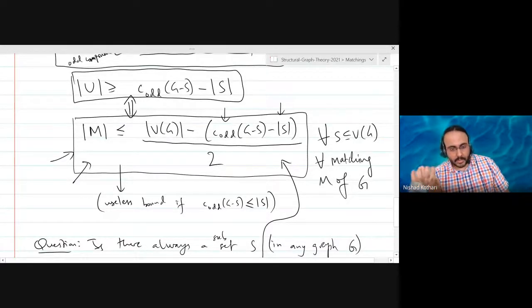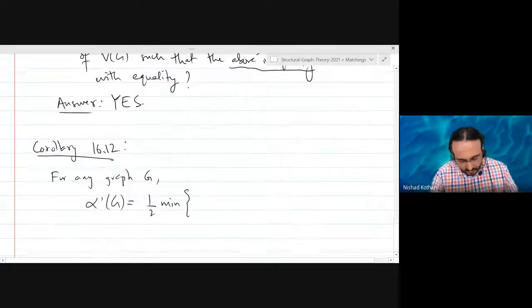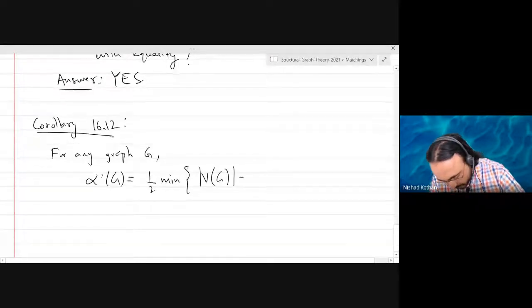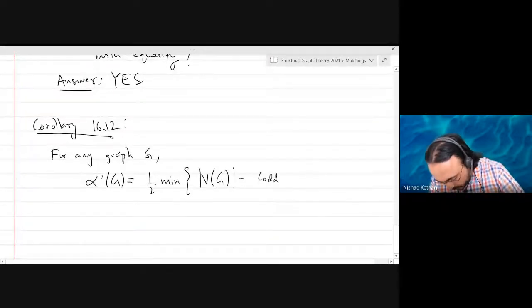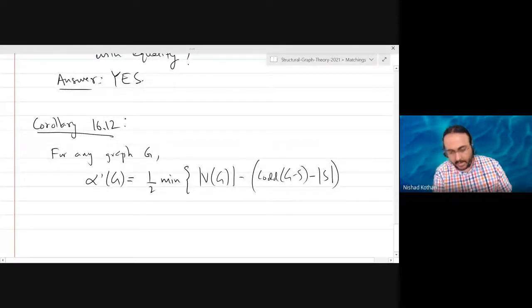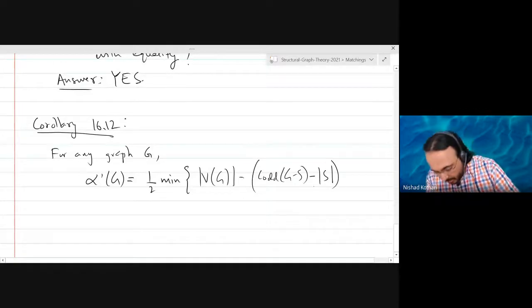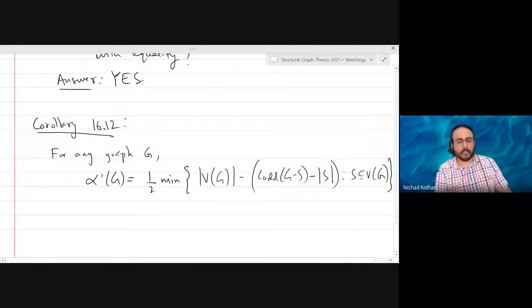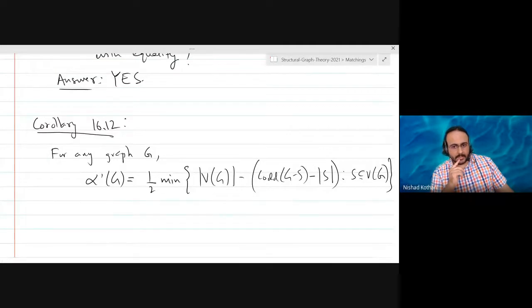You'll try to minimize the upper bound as much as you can, and when you minimize it, it will actually give you the matching number. Okay? So it is exactly equal to the number of vertices of the graph minus the number of odd components, and I will actually put this in brackets just so that it's clear how it is derived, for each subset of the vertex set. Okay, so there is always a set S for which you will actually get equality.